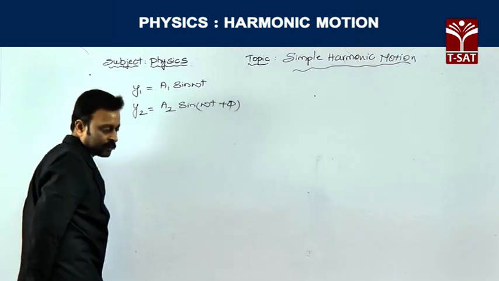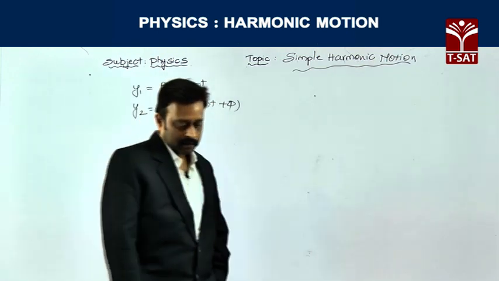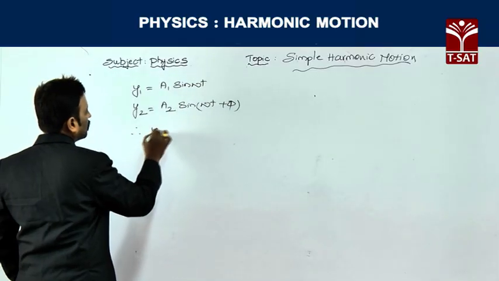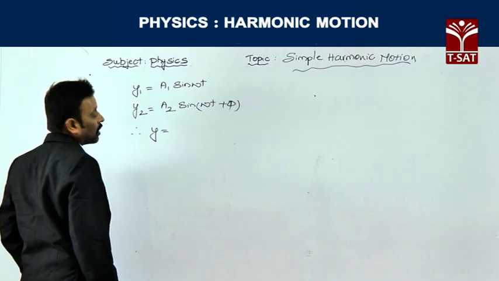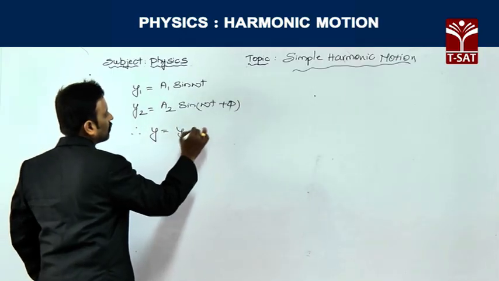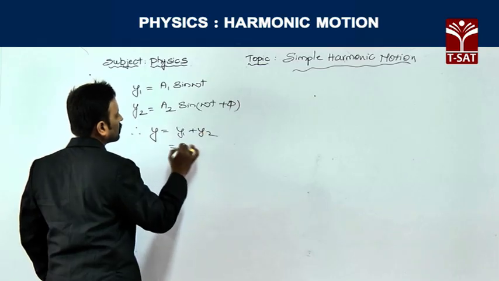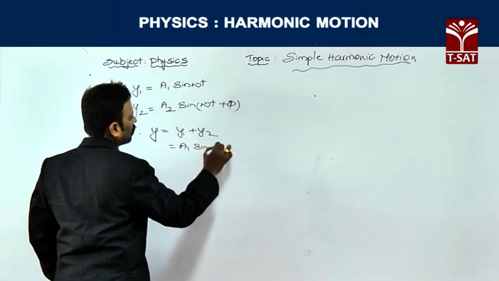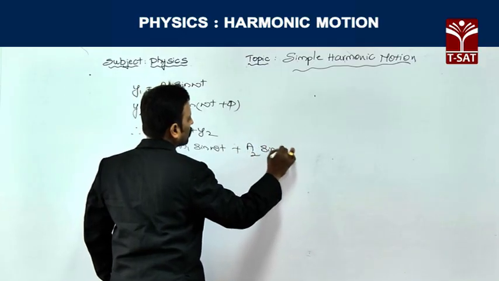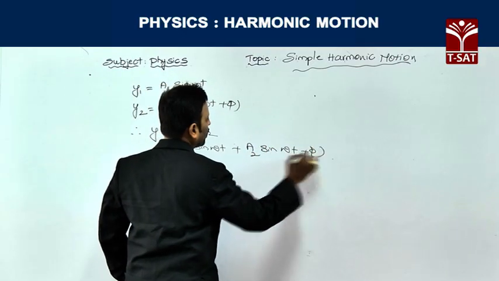Then the resultant displacement according to the principle of superposition is y1 plus y2, that is a1 sin omega t plus a2 sin(omega t plus phi).